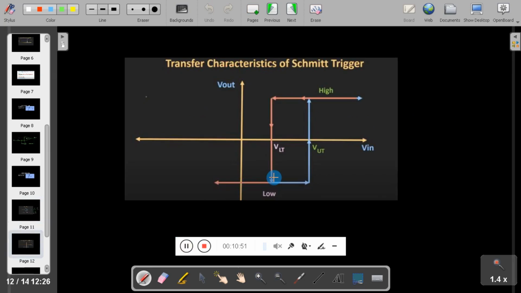So students, now we will see the transfer characteristics of the non-inverting Schmitt trigger. Here we represent output voltage and input voltage.